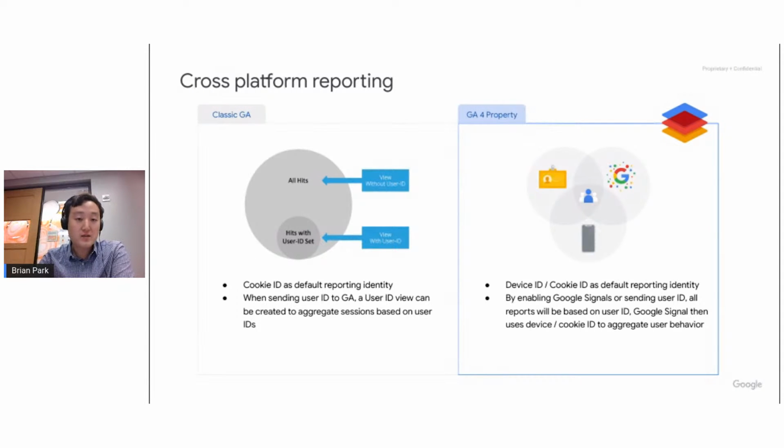The other key thing to note is that we've greatly improved the experience for cross-platform reporting. So it's important to consider that Universal Analytics first became available around 2012, so almost a decade since today.